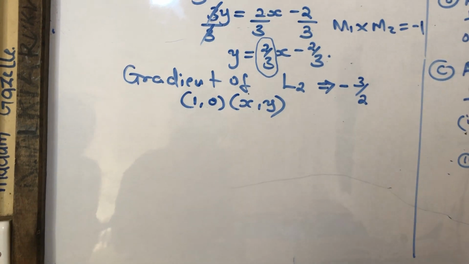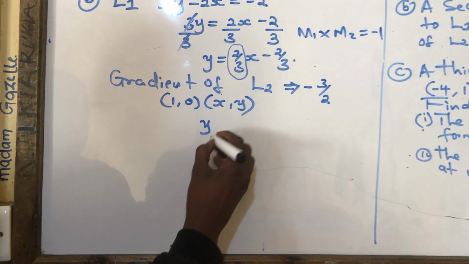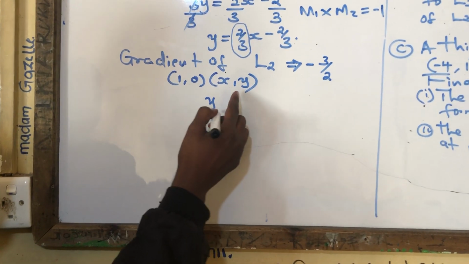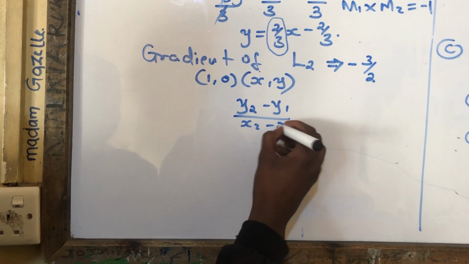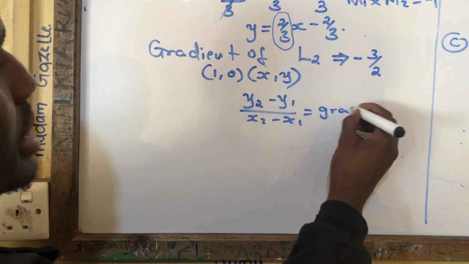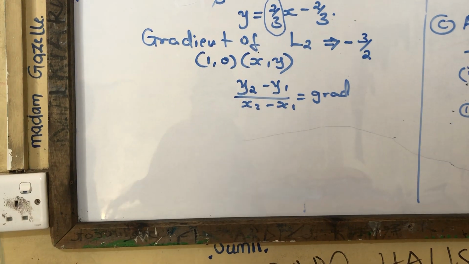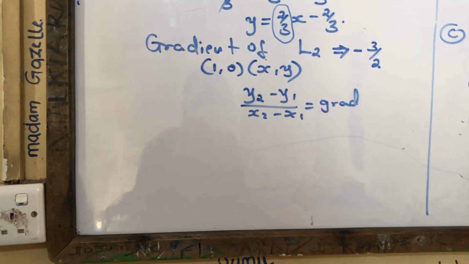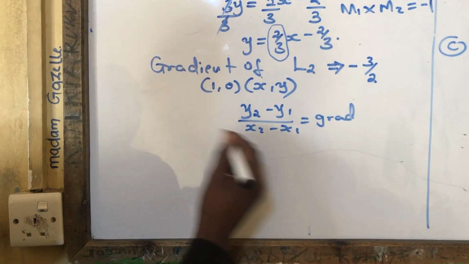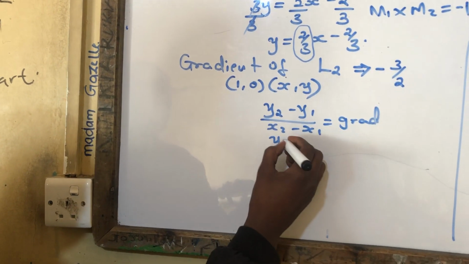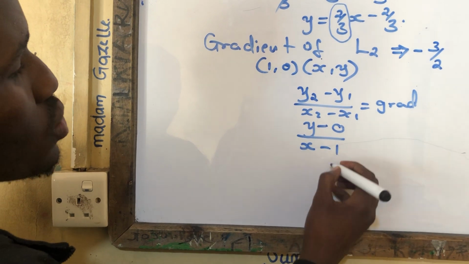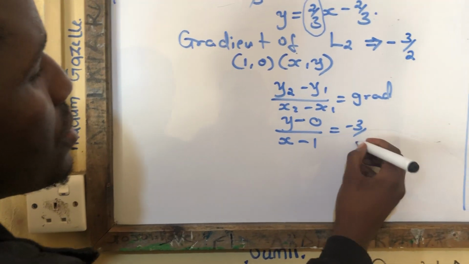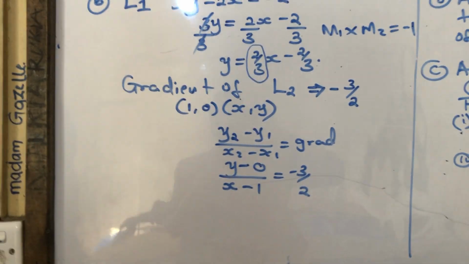How will that be achieved? Change in y, y2 minus y1 over x2 minus x1 should give us the gradient. What is our y2 in this particular case? We have got y minus 0 all over x minus 1 is equal to negative 3 over 2.